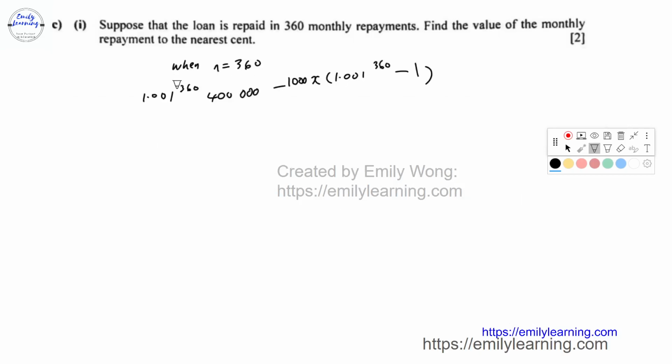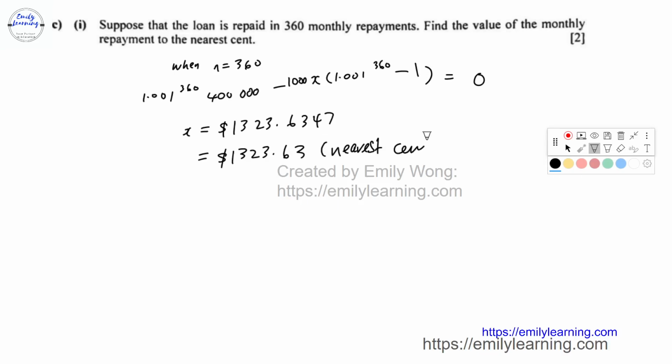Then I know because the loan is repaid in 360 months, the amount that is owed is 0. So this will be equal to 0, right? Then I will just need to solve for this. Solving for this will give me x equals $1,323.6347. So to the nearest cent, 1323.63. Okay, so that is the answer for this part here.